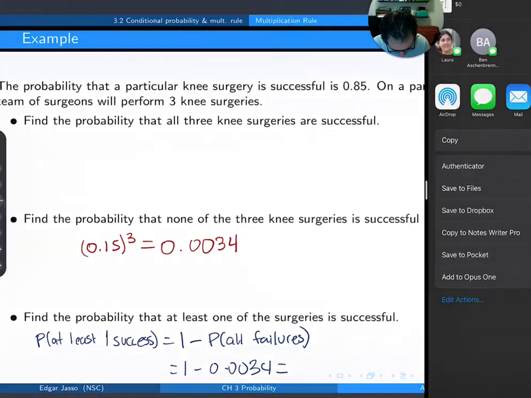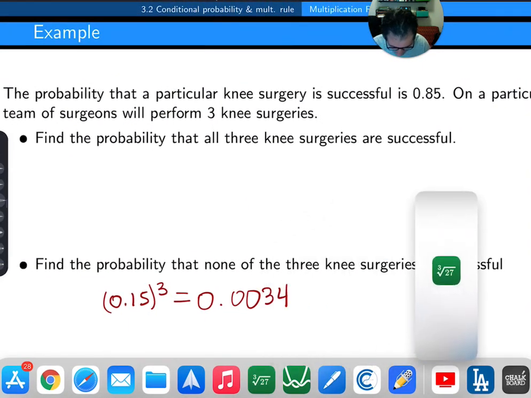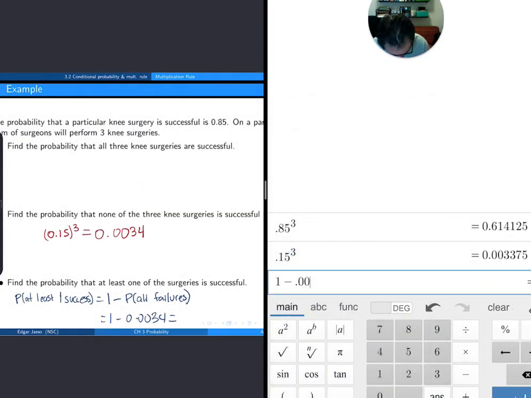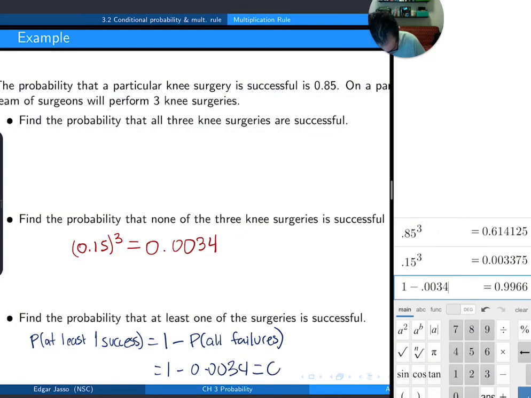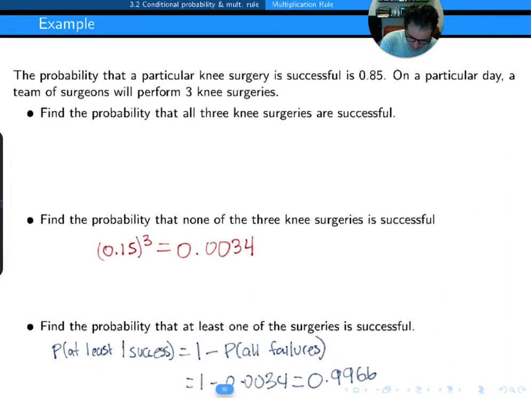Oh, I didn't want that. Sorry. Let's try it again. Well, I can do that in my head, but it's not what I want. 0.0034. There you go. So 0.9966. Okay, so this is how we use the complement to find these probabilities. So I hope that's clear.